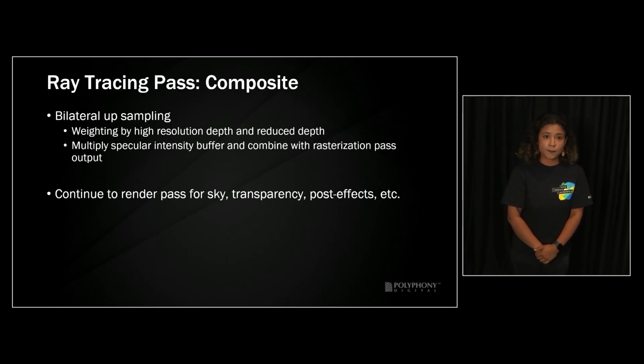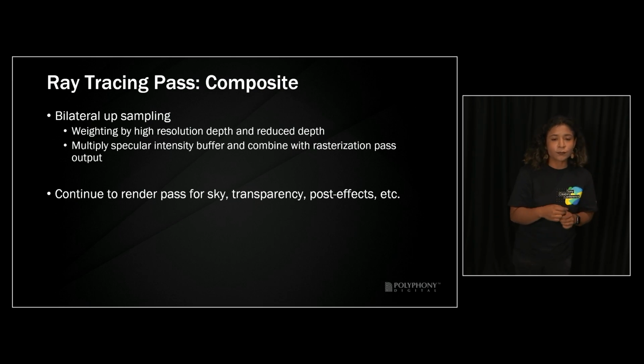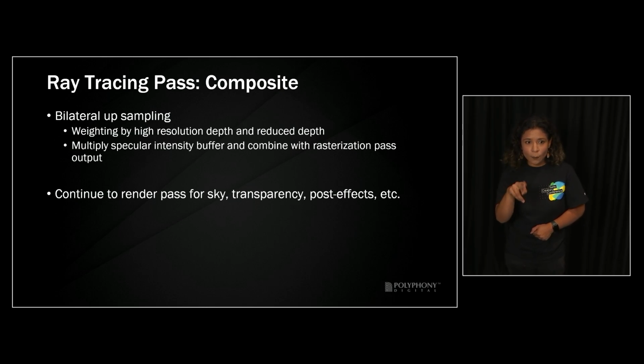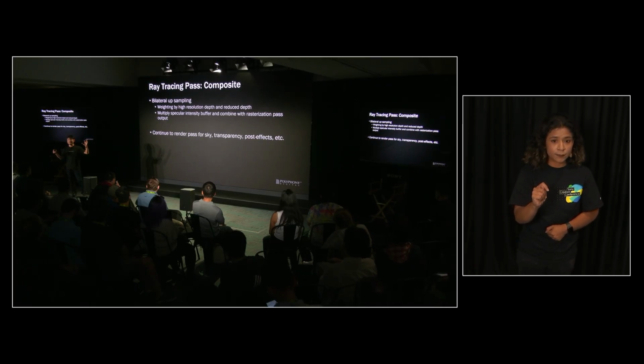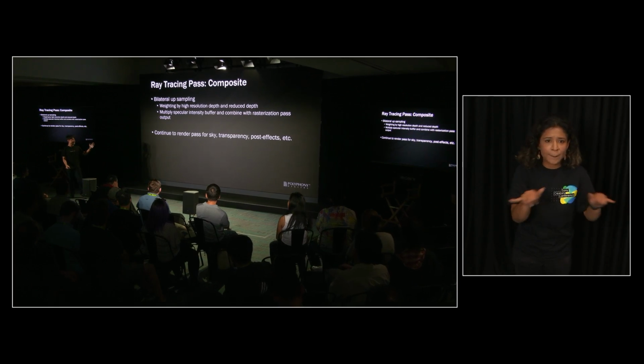Finally, the reduced buffer result is upscaled using bilateral upsampling. In addition, the specular intensity buffer is multiplied and combined with the rasterized output. After that, the process is exactly the same as without ray tracing.